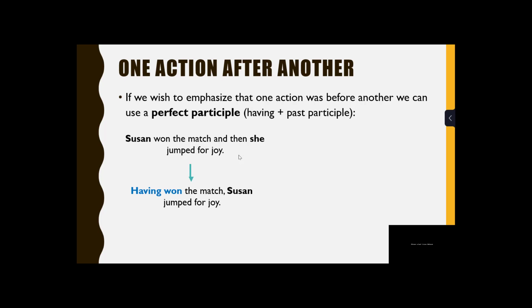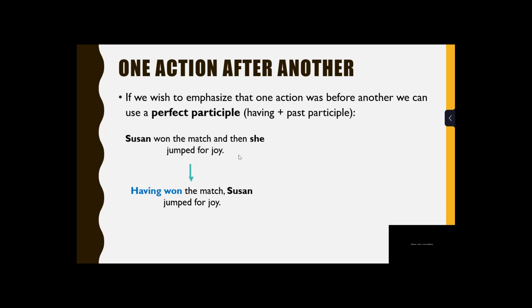So I don't say having Susan won the match and then she. That is a good sentence, but as English is always looking for economy, to write shorter sentences, that's why we use this. Having won the match, Susan jumped for joy. And this makes the sentence also more objective, not so subjective.